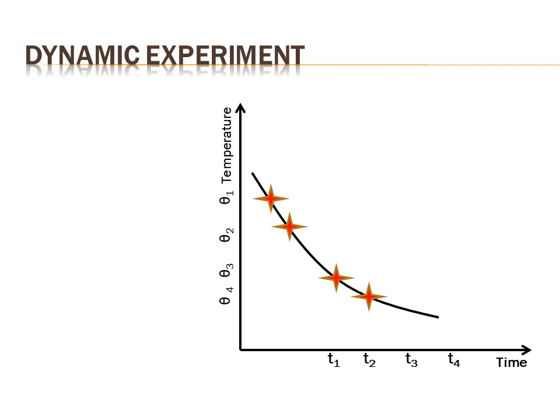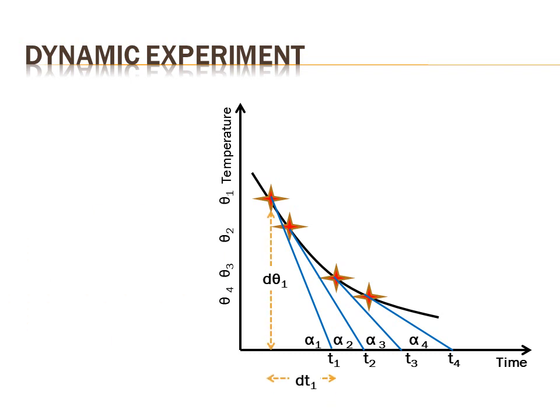Different tangents are drawn for the steady state temperatures which we obtained in the static experiment, denoted by theta 1, theta 2, theta 3 and theta 4 from the four thermometers T1, T2, T3 and T4. The tangents are drawn as shown in the diagram. From these tangents, we obtain angles alpha 1, alpha 2, alpha 3 and alpha 4.